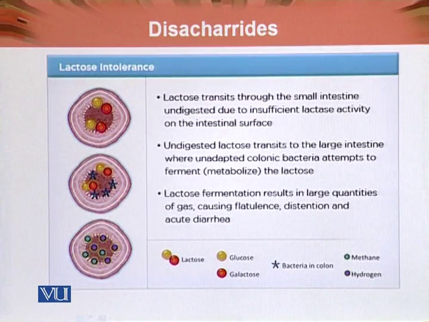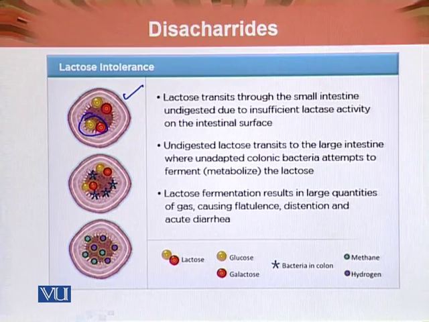This is the diagrammatic presentation of lactose intolerance. We can see that this is the lumen of the intestine. These are the lactose molecules having monosaccharide units of galactose and glucose. Here the enzyme is not available because lactase is deficient, so it cannot be metabolized into its monosaccharide units, glucose and galactose.